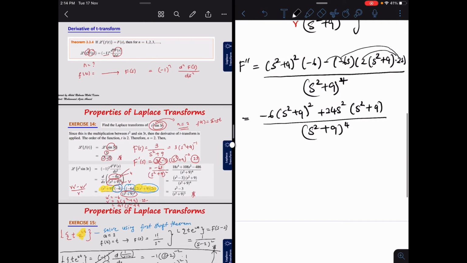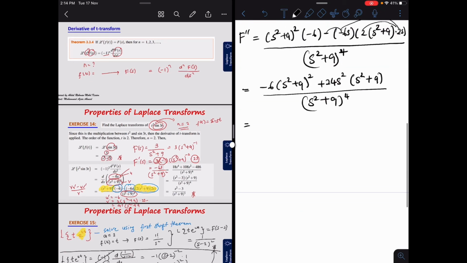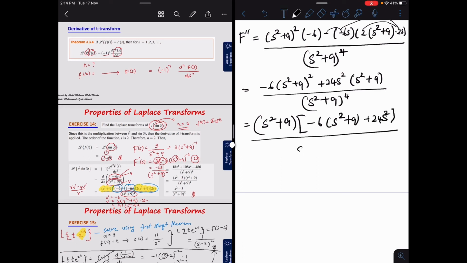So now we can factorize the similar factor. The similar factor here is s squared plus 9. And then we have in brackets negative 6 times s squared plus 9, and then plus 24 s squared, over s squared plus 9 power of 4.